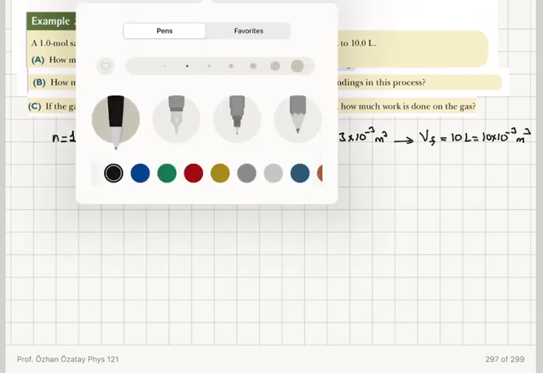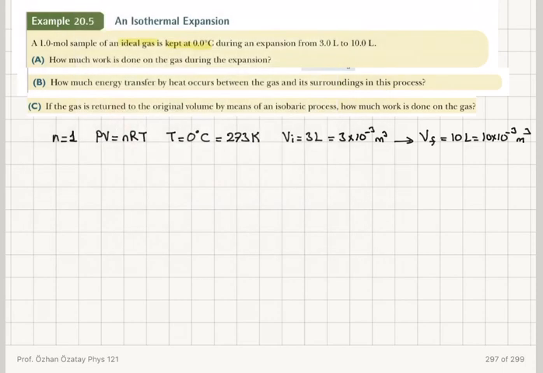Therefore, I should note that this is an isothermal expansion process.